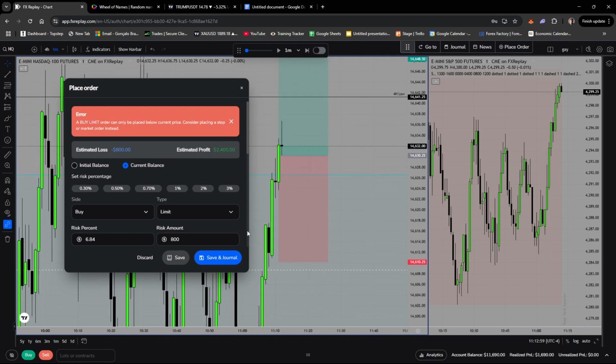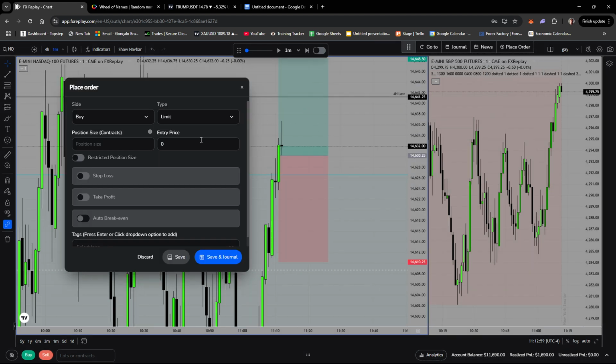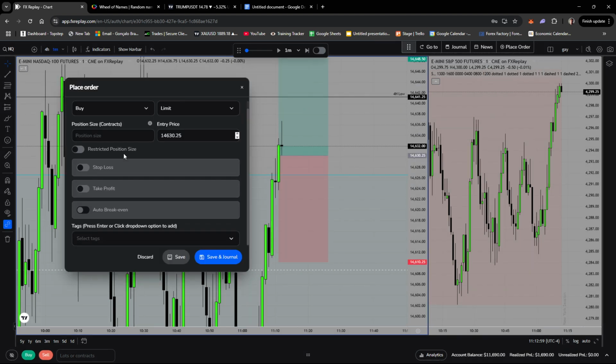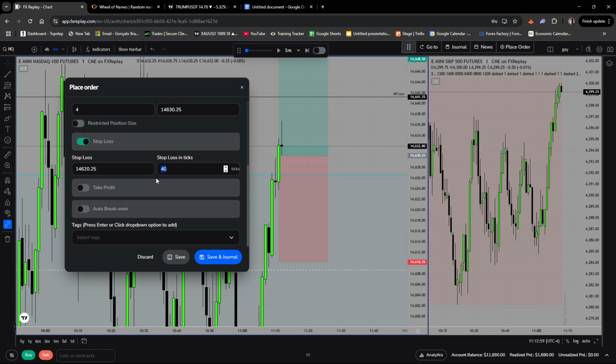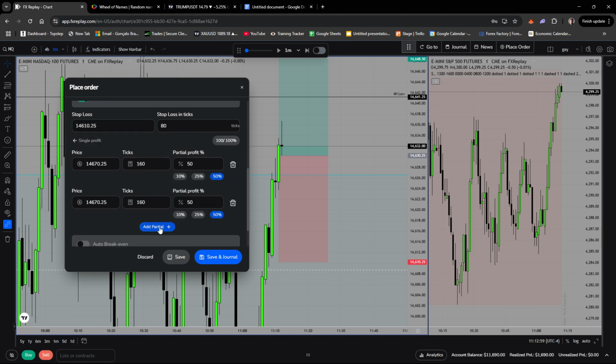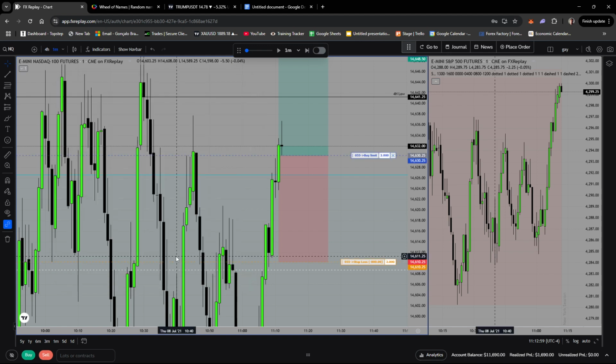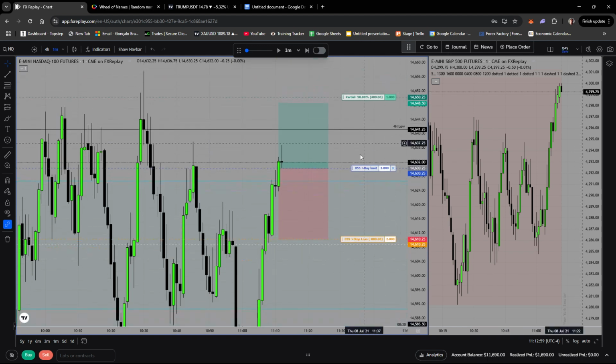Is it not below price? Delete it and do it again. Stop loss. 80. Take profit. Take partials. 80. That was very strange.